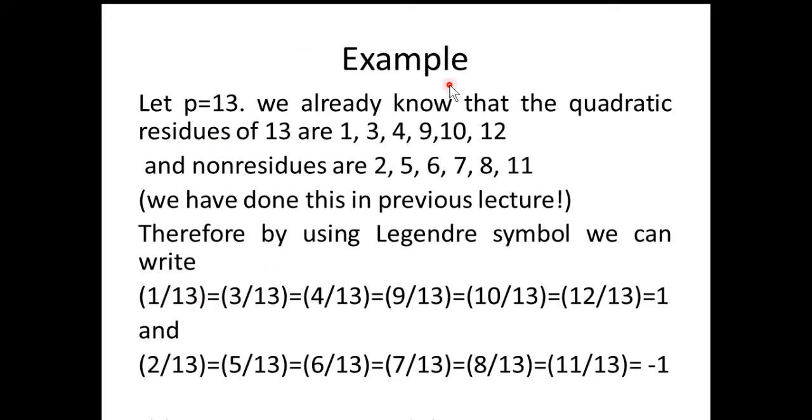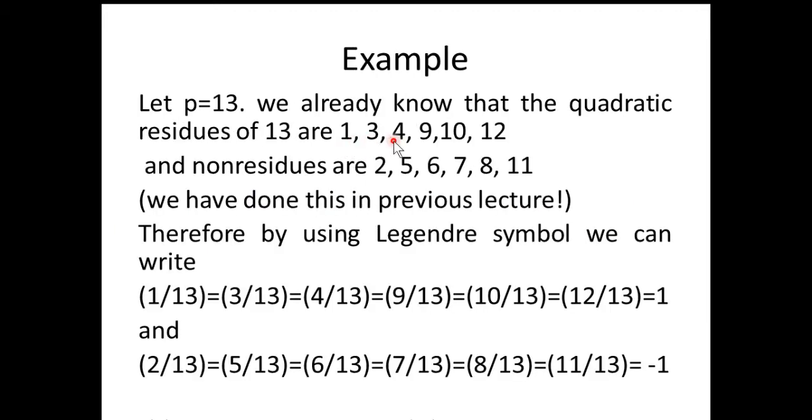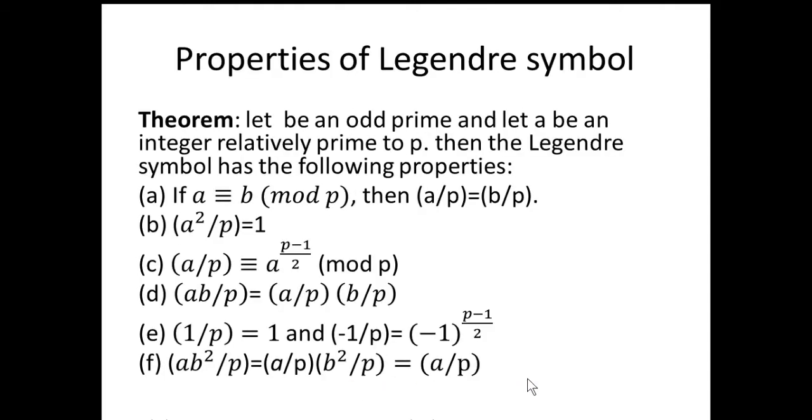Because these are quadratic residues, by definition a upon p has value 1. That means 1 upon 13, 3 upon 13, 4 upon 13, 9 upon 13, 10 upon 13, 12 upon 13, they all have value 1. And these all are quadratic non-residues, so they will all have value minus 1.